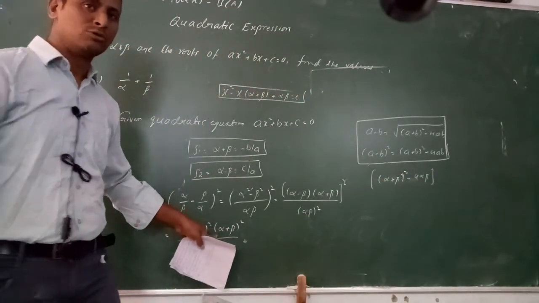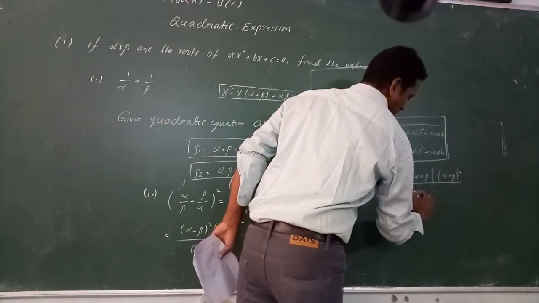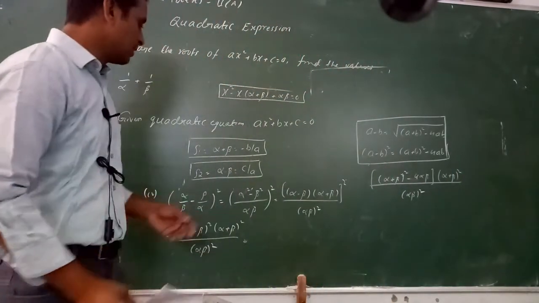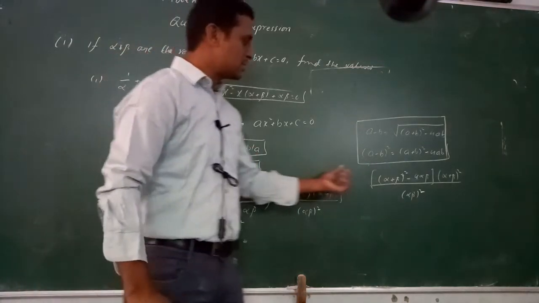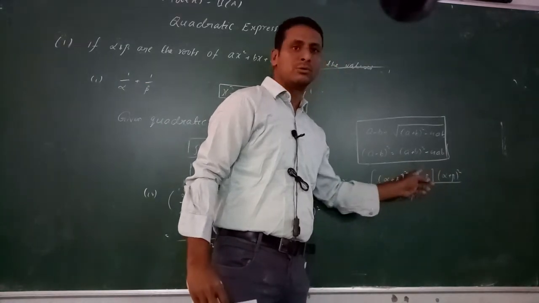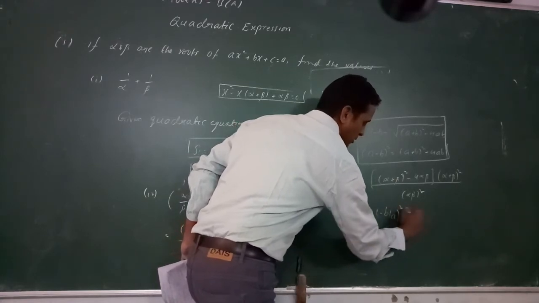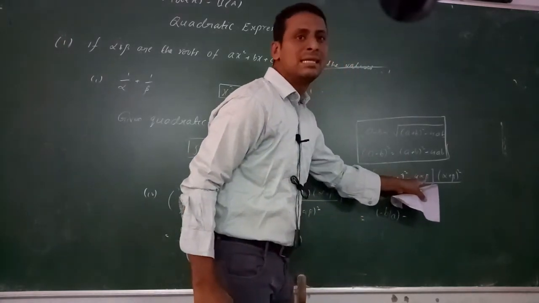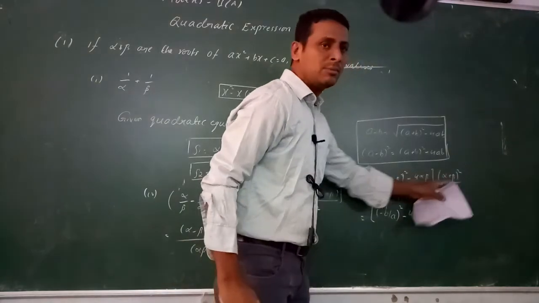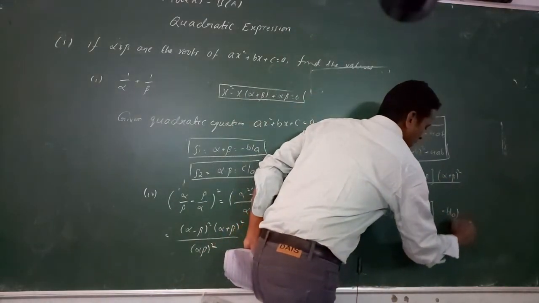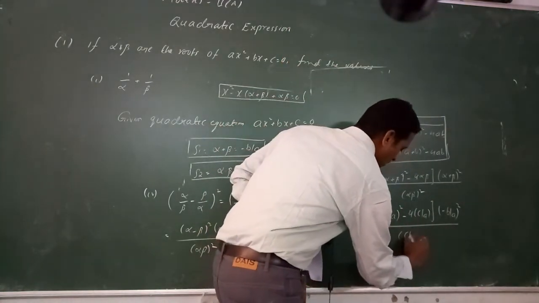Sum of the roots is minus b by a, product of the roots is c by a. So applying these, that is equal to minus b by a whole square minus 4 into c by a, divided by the product of the roots, c by a whole square.